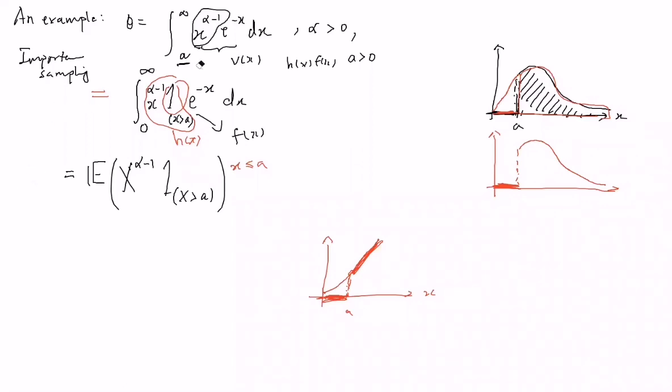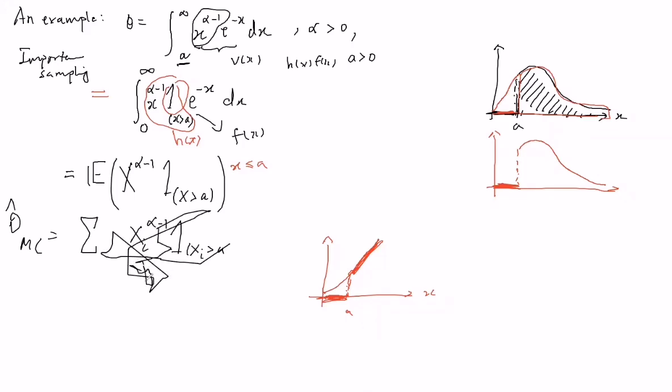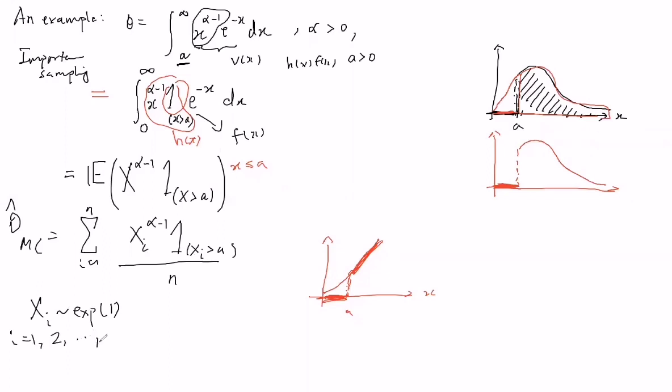So your Monte Carlo estimator is the summation of X_i to the power of alpha minus 1, times the indicator, divided by n, where X_i are drawn IID from exponential 1.